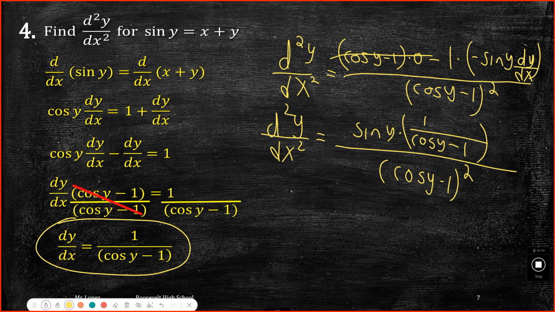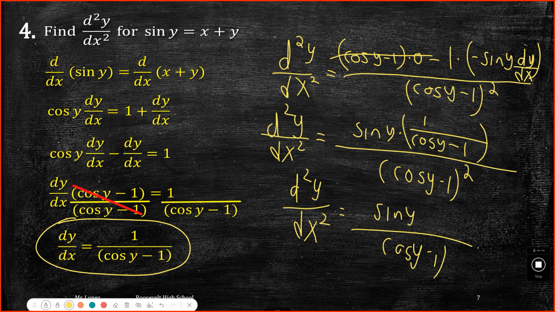Which basically, this is at the bottom as well. So there's 3 of them. It'll be sine y over cos y minus 1 to the third.